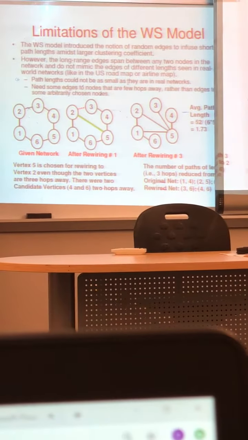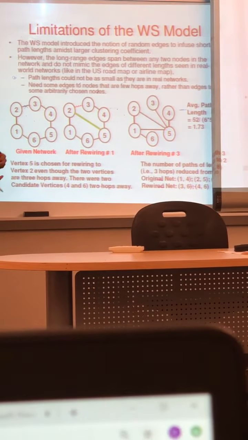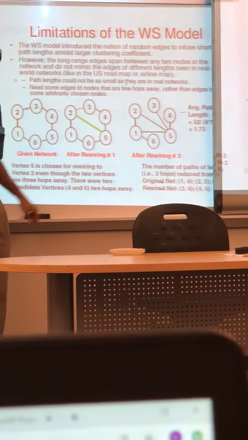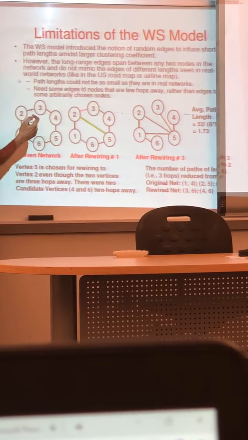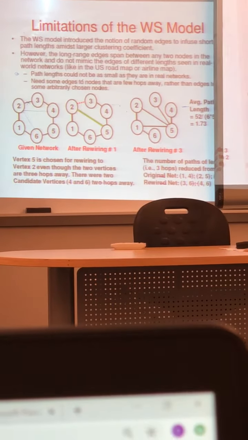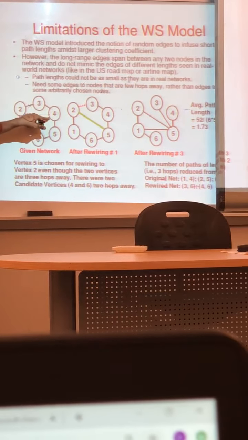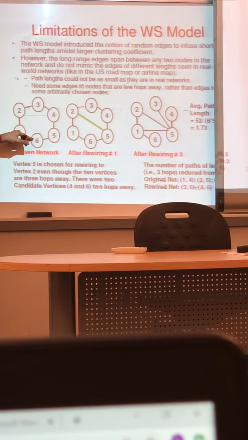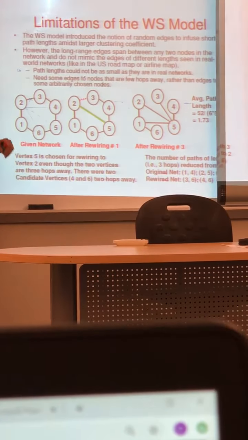But from a reality perspective, the cost associated with implementing such a long distance edge is going to be much higher. So you would prefer to rewire 2 with either 6 or 4, because 4 is 2 edges away from 2, 6 is also 2 edges away from 2, and 5 is 3 edges away from 2.